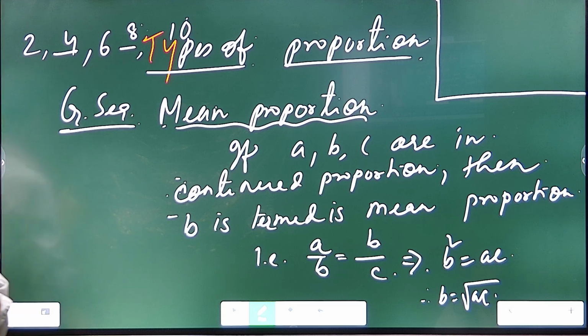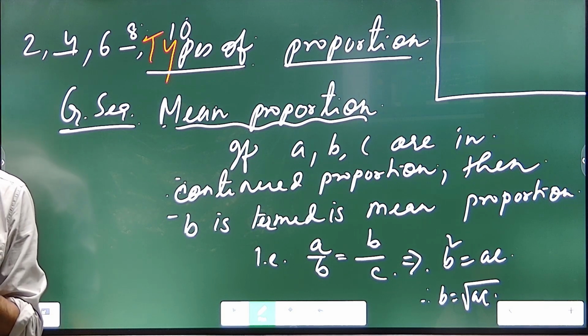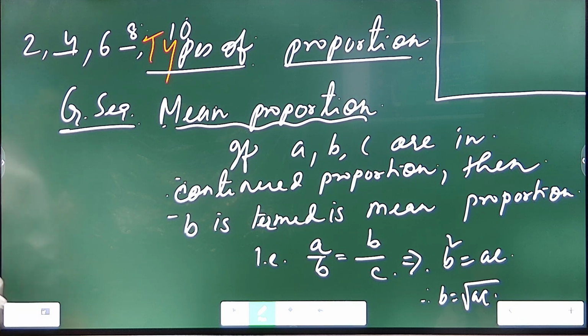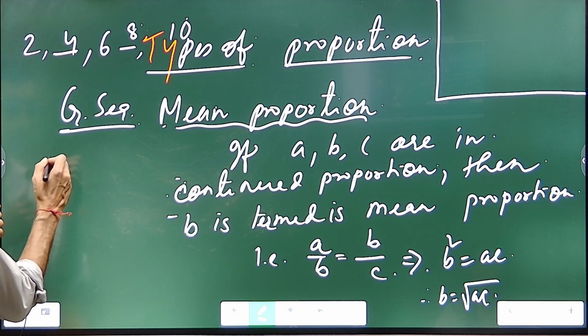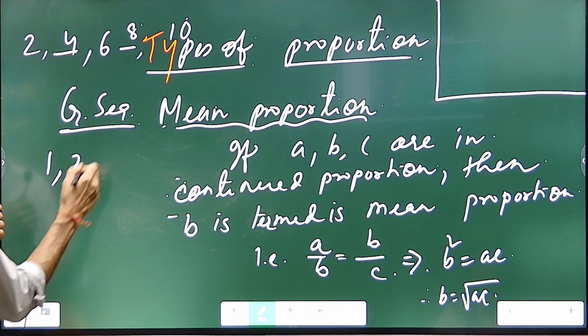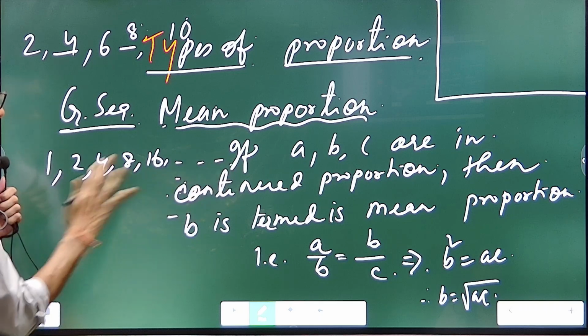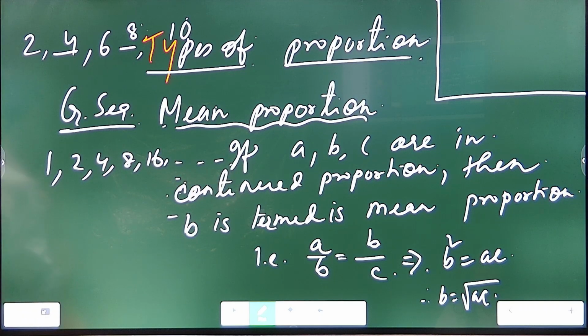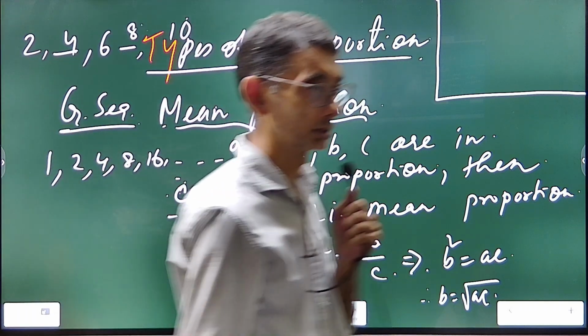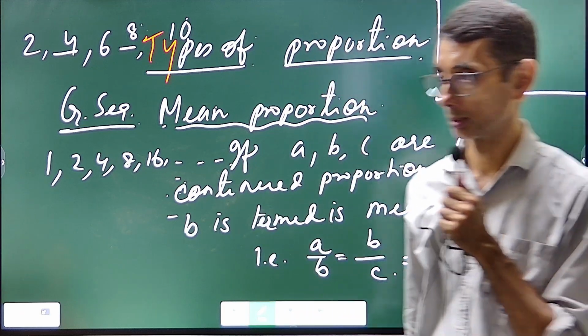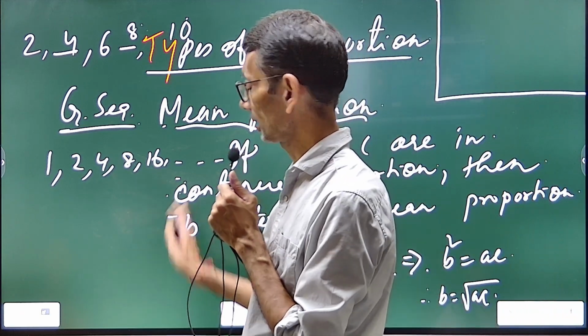No one has learned it, perhaps. You may have learned AP, but not GP. A geometric sequence is like this: if I write 1, 2, 4, 8, 16, they are also following a pattern. Can you tell me what pattern they are following?